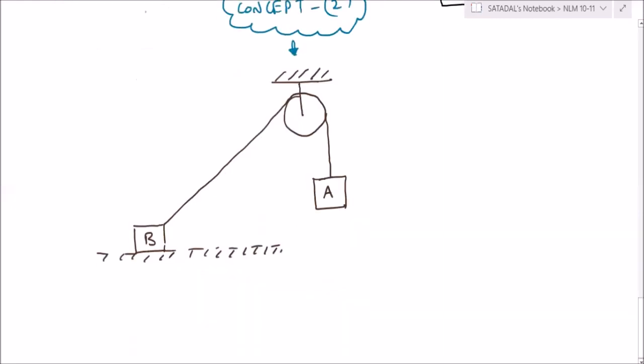Now this is the angle we have taken to be theta. This is VA, this is also VA. This is VB, this is theta. The component is VB cos theta.